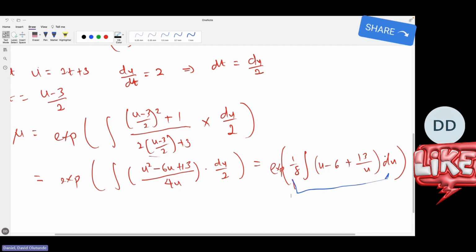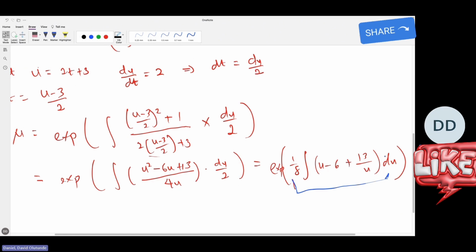What I did here was just what I did in the last class, where we used polynomial division. The reason we are using polynomial division is to simplify so that we can easily integrate.